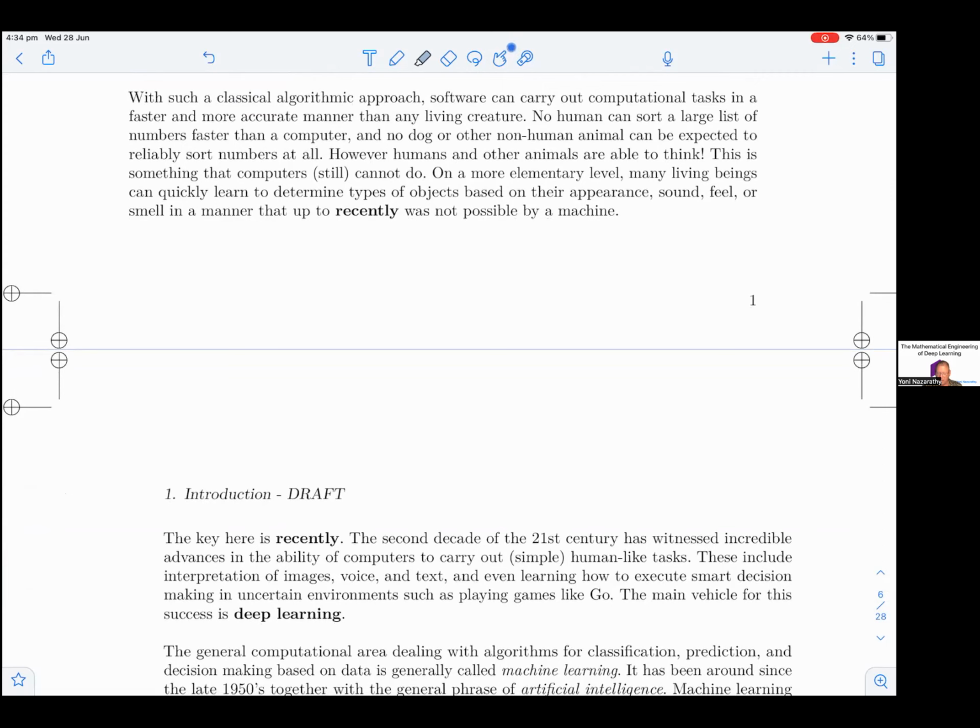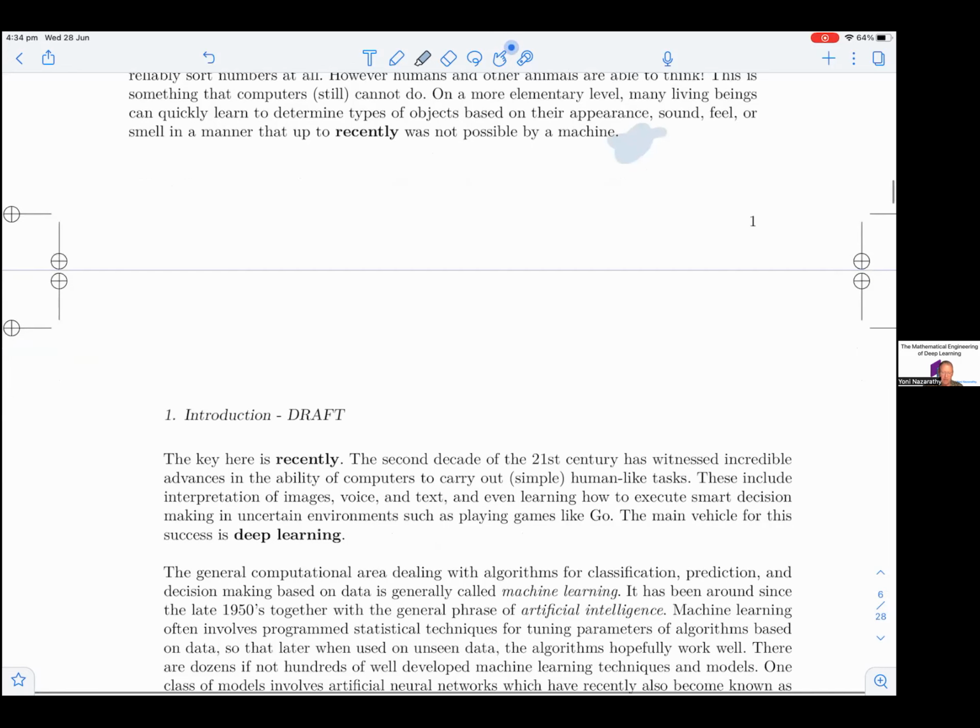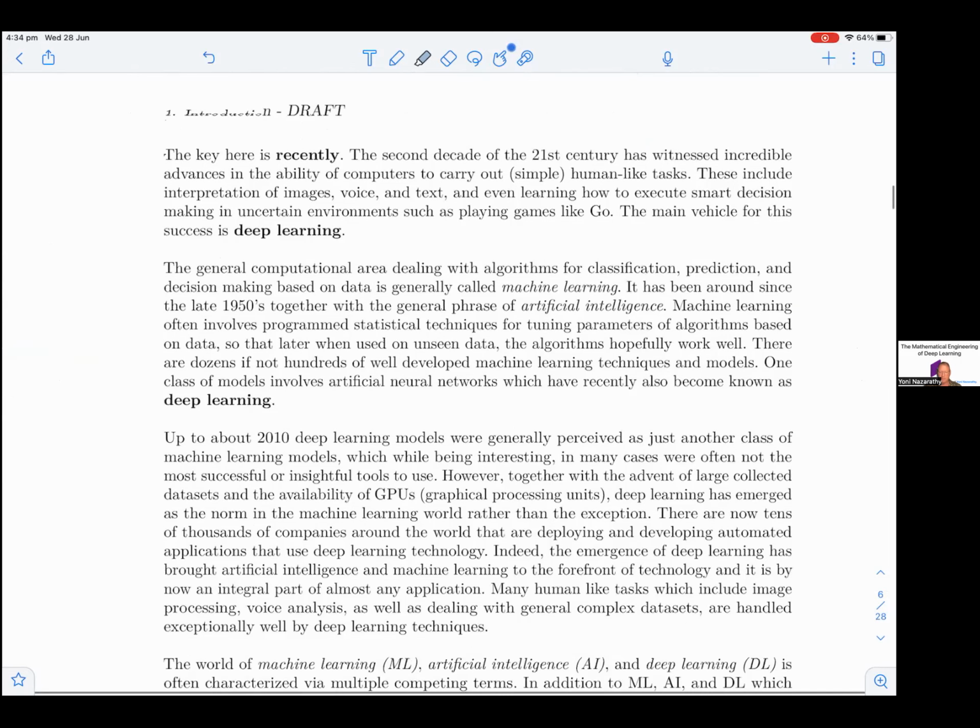On a more elementary level, many living beings can quickly learn to determine types of objects based on their appearance, sound, feel, or smell in a manner that up to recently was not possible by a machine. The key here is recently.